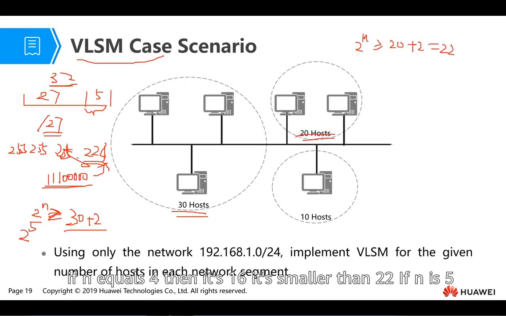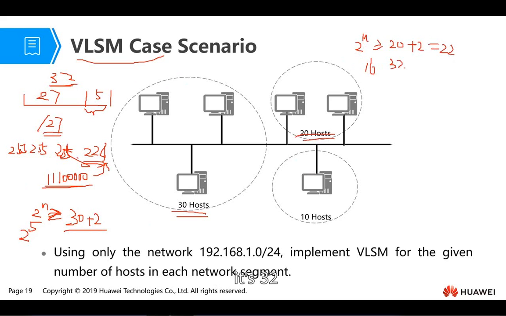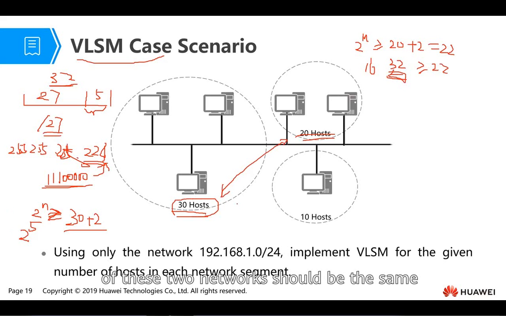If n equals 4, that's 16, which is smaller than 22. If n is 5, it's 32, which is greater than or equal to 22. So it's just like the first case, which contains 30 hosts. So the mask of these two networks should be the same.